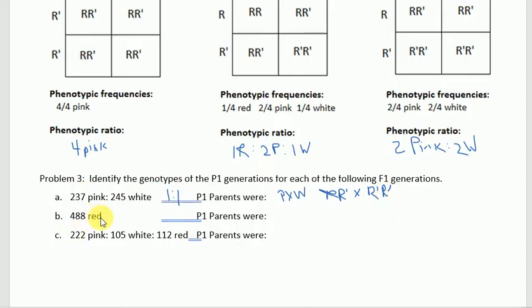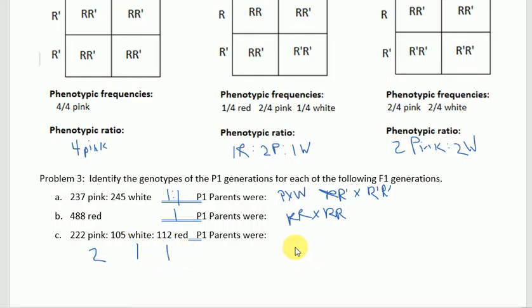Here we have 488 red, so again, that's our 1. So this one, we're going to cross red. So we're crossing RR with RR. And then here we have 222 pink, 105 white, and 112 red. This is actually a 2-to-1-to-1 ratio.